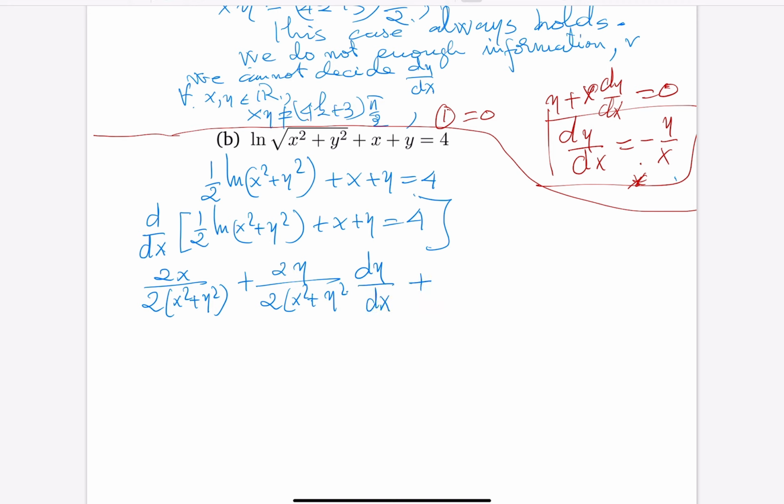And here, with respect to x, you have only 1, plus dy over dx. And you can set it equal to 0, because the derivative of 4 is just 0.